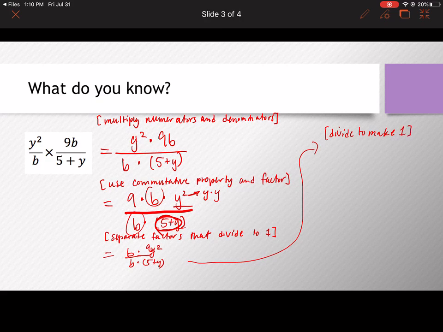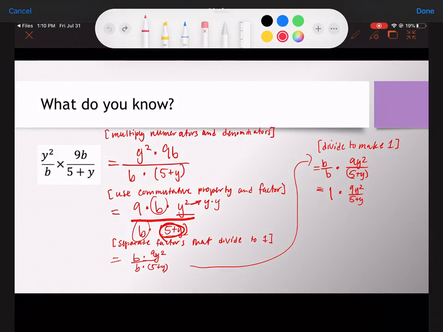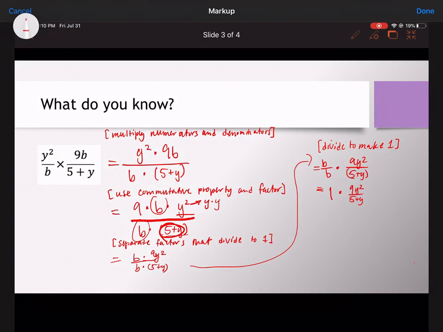I'm going to divide out, separate off the b over b. Pull it off there, 9y squared over 5 plus y. So I'm dividing this to make 1 times 9y squared over 5 plus y. Identity property of multiplication.